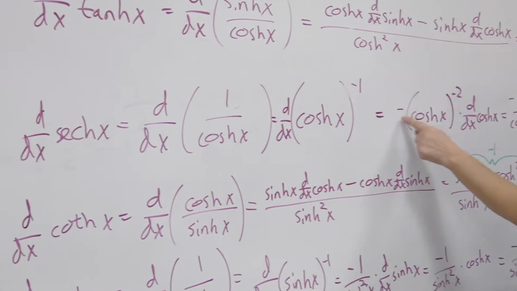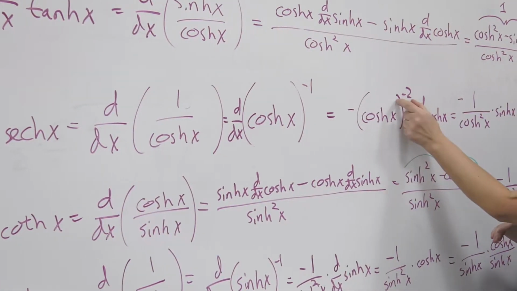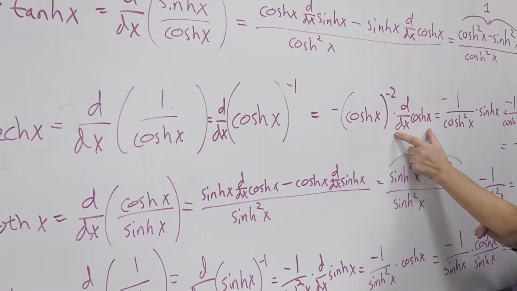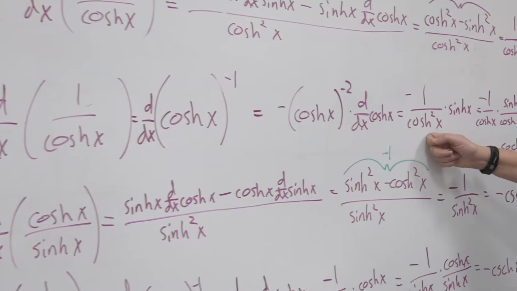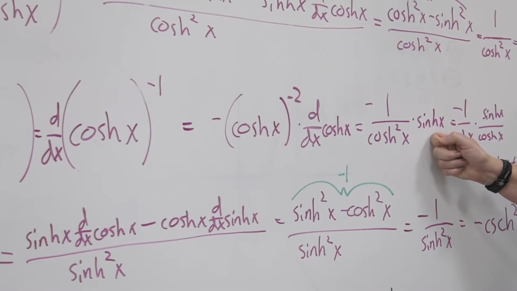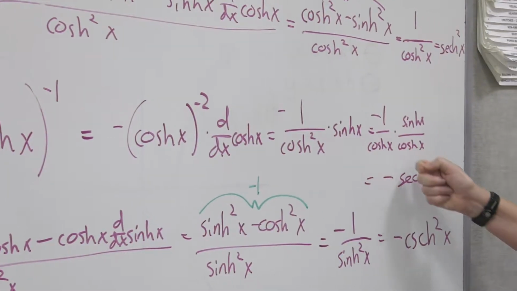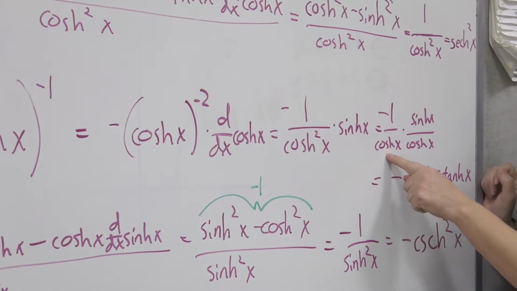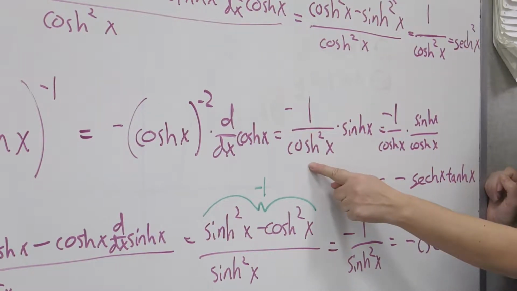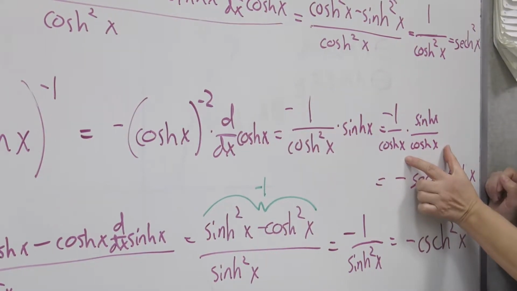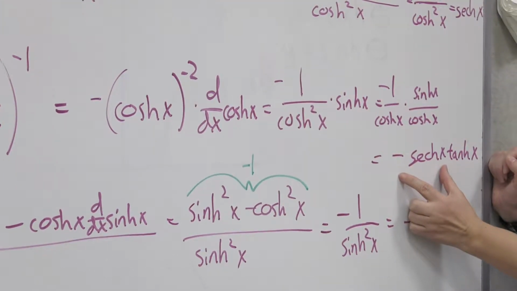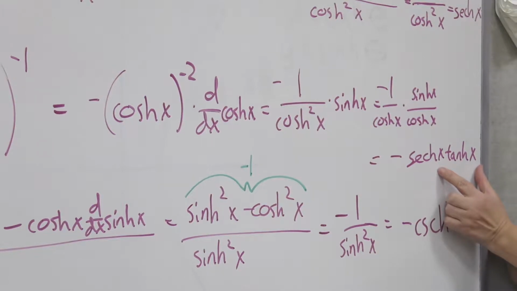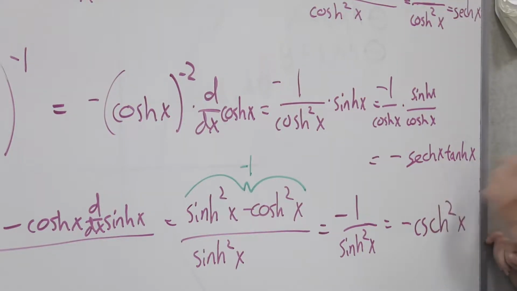So I said, okay, I'm going to get negative 1 copies of cosh x to the negative 2 multiplied by the derivative of the inside part, which is sinh. So we get negative 1 over cosh squared times sinh, and then I just sort of regrouped the factors. Negative 1 over 1 factor of cosh. The second factor of cosh I paired with the sinh, and that way we get negative 1 over cosh is negative sech, times sinh over cosh is tanh.